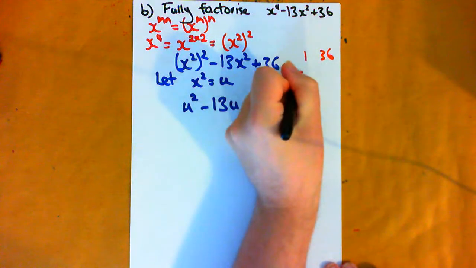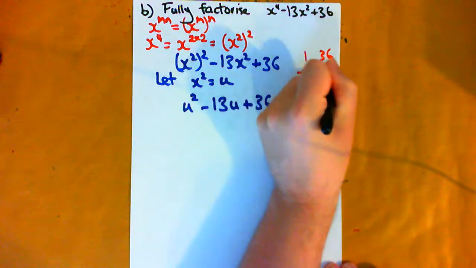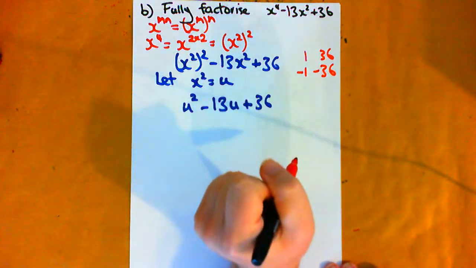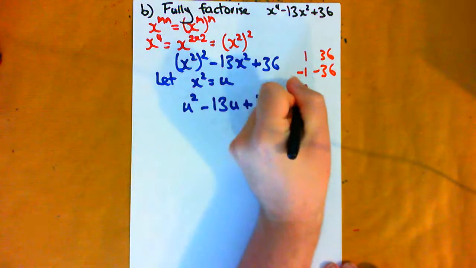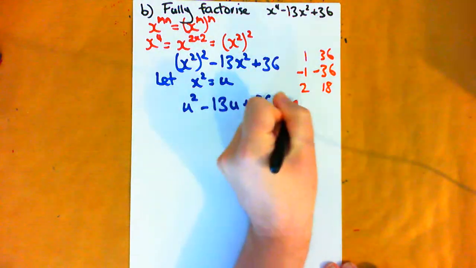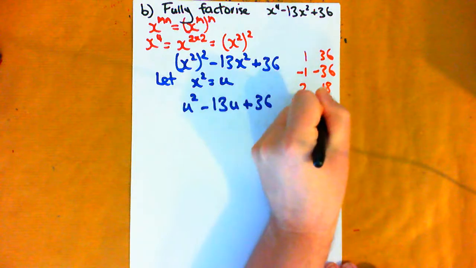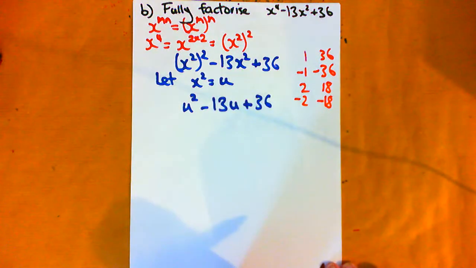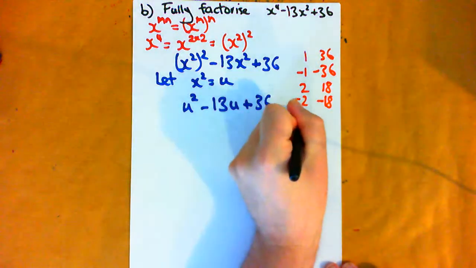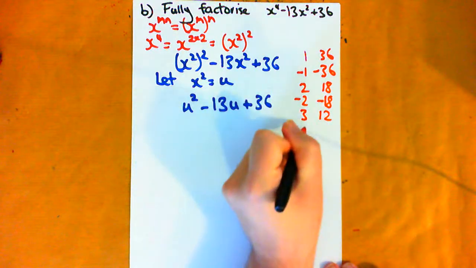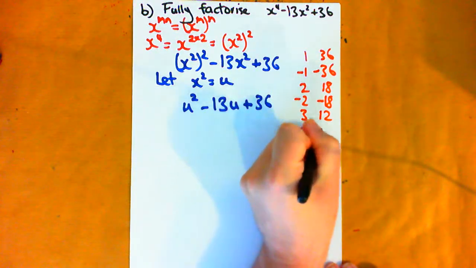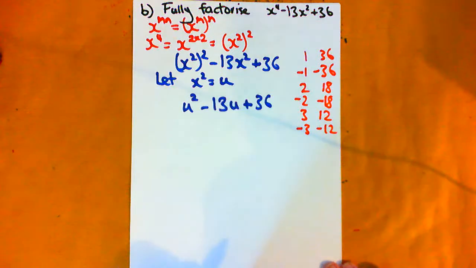We've got negative 1 and negative 36. Does 2 go into 36? That's 2 times 18, and negative 2 times negative 18. Does 3 go into 36? 3 times 12, and negative 3 times negative 12. Does 4 go into 36?